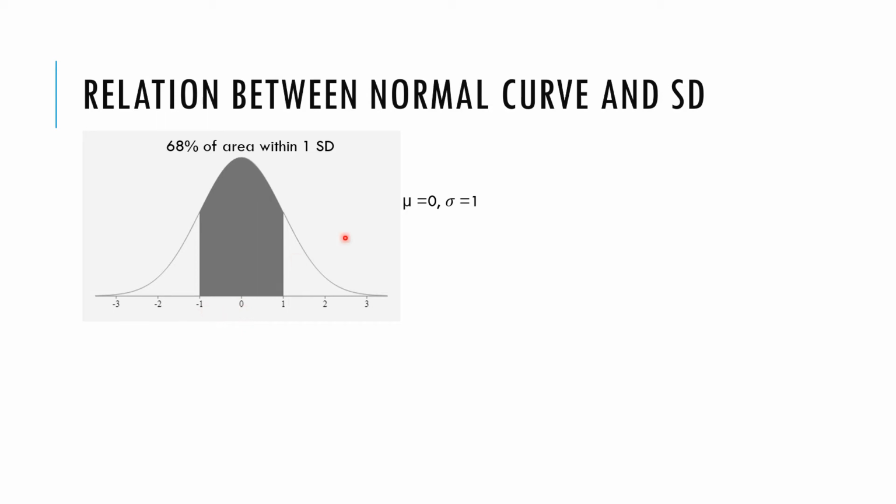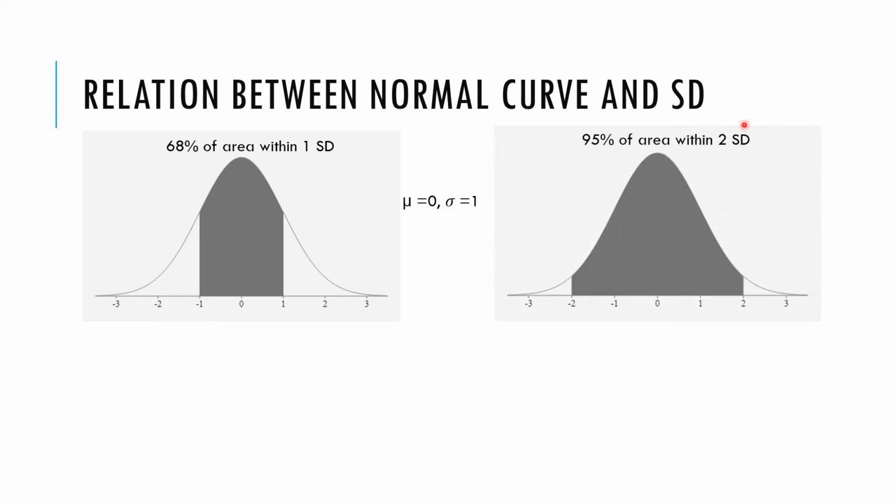Since standard deviation is 1 and mean is 0, it goes from minus 1 to 1. On the left side it is minus 1 SD and on the right side plus 1 SD. Whatever area we cover within these two covers 68%. So the probability of finding the value in this area is 68%.